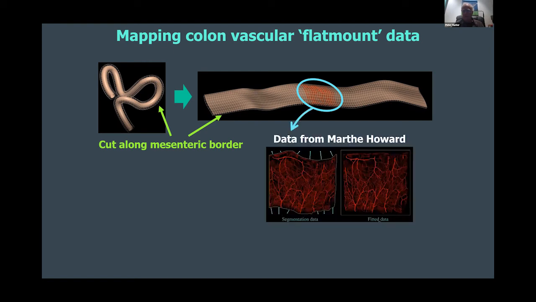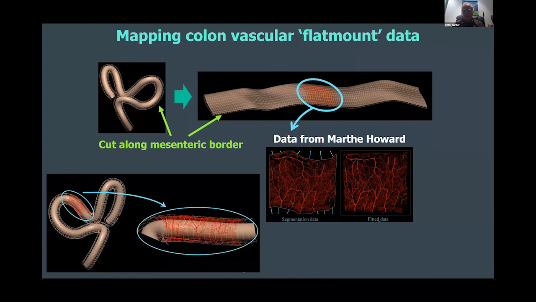And here's some data from Martha Howard showing the vascular system within the mouse colon. And then what we do is embed that data into the flattened scaffold. So you're finding the material coordinates of each of the segmented points of those images. But once that's done, then the flattened scaffold can just be folded back into its full 3D structure.